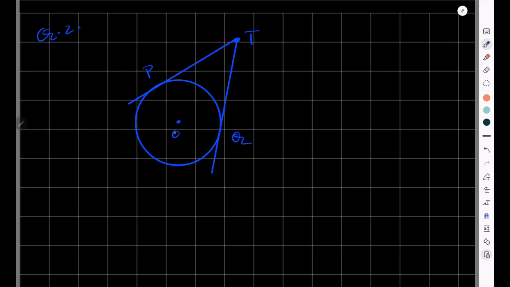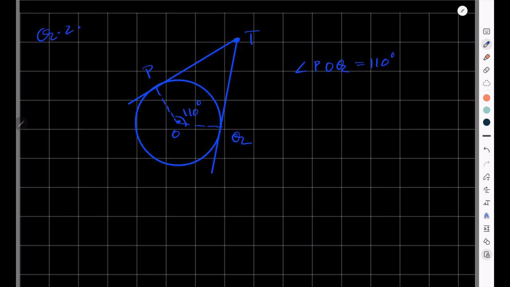It's telling that TP and TQ are two tangents with center O of the circle, so that angle POQ is 110 degree. It's given. Let us mark angle POQ as 110 degree.